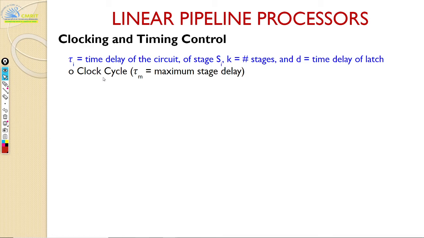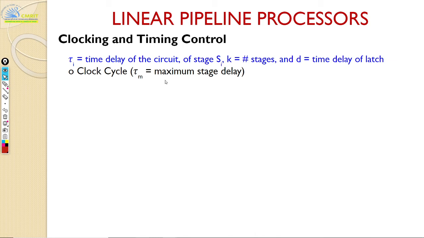That's the delay of the slowest guy in your pipeline. Let us assume that guy is 1 nanosecond. Then that's the maximum stage delay, correct? 1 nanosecond is the maximum stage delay. Then how much clock frequency can you supply? 1 divided by 1 nanosecond. It will come to 1 gigahertz.